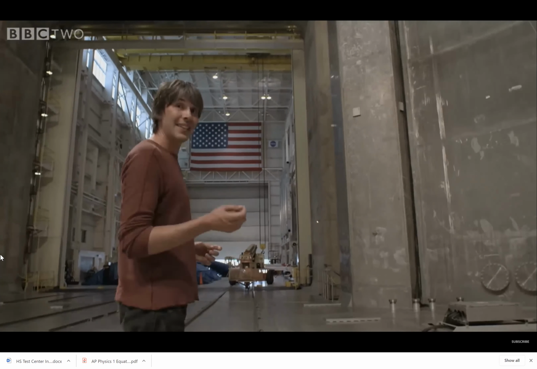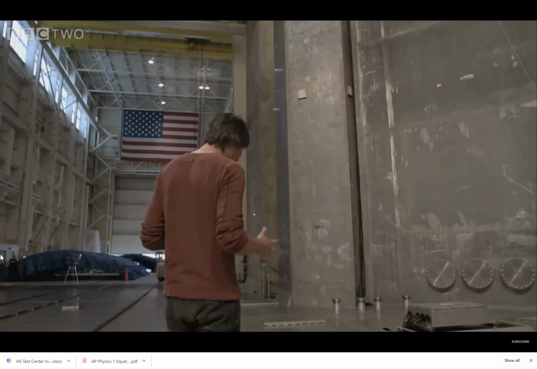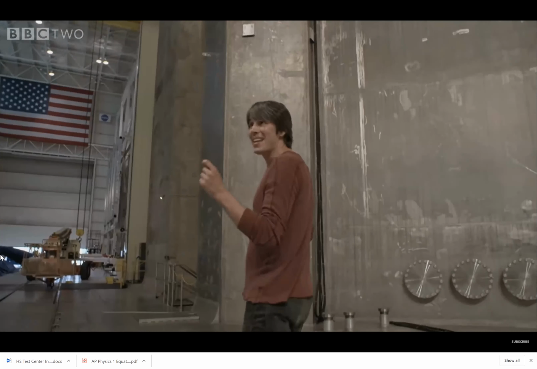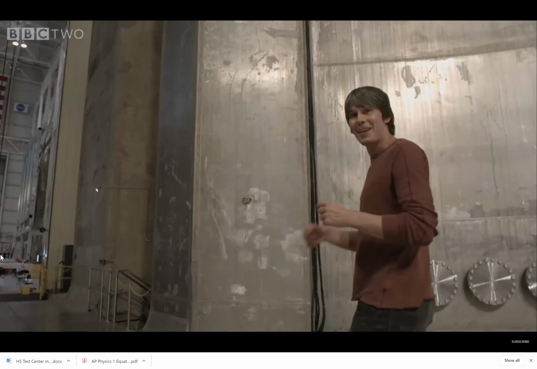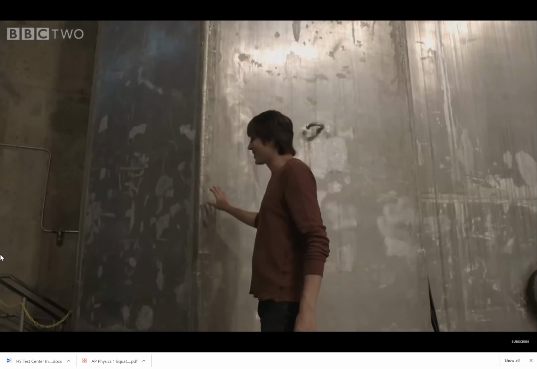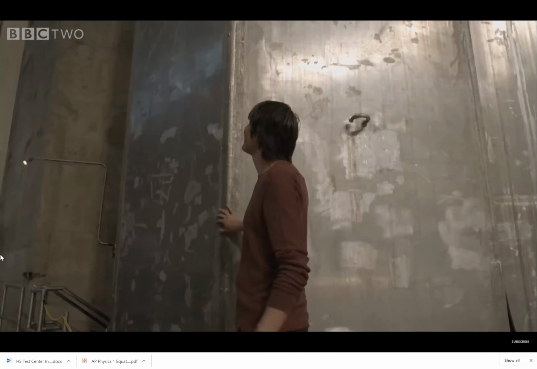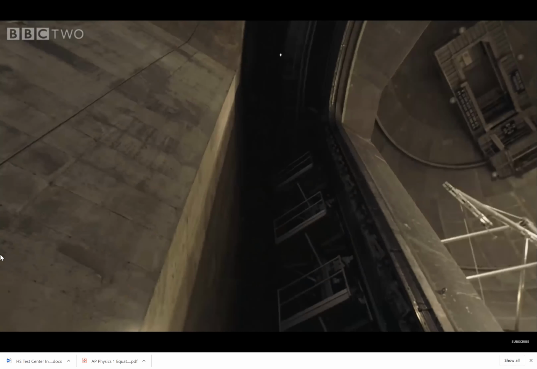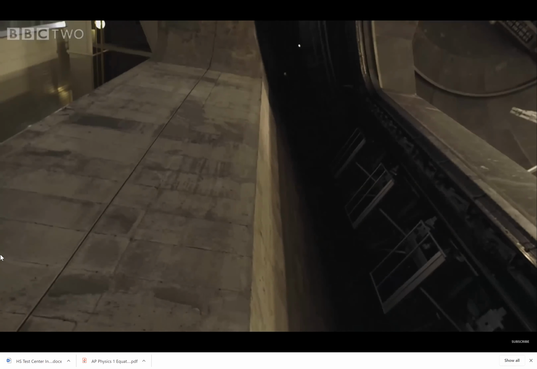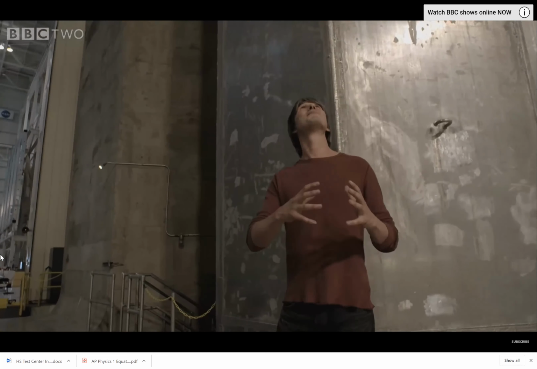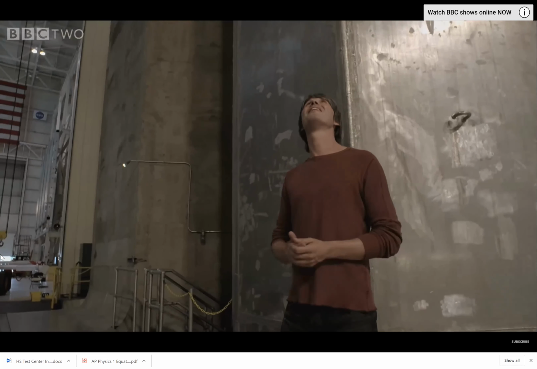It was built in the 1960s as a nuclear test facility to test nuclear propulsion systems, and that meant that they built it out of aluminium to make the radiation easier to deal with. Aluminium is not the strongest material to build a vacuum chamber out of. So they built an outer concrete skin, which is part radiation shielding and part an external pressure vessel, so that this thing can take the force that's present on the outside when it's pumped out to the conditions of outer space.